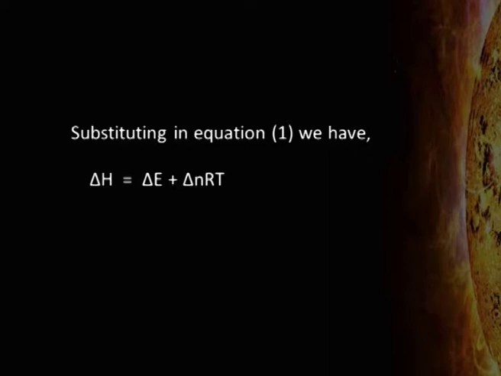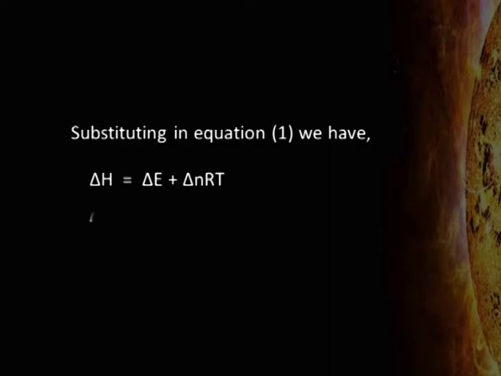By the ideal gas equation, we can have P V1 equal to N1 RT and P V2 equal to N2 RT. As delta H is equal to delta E plus P delta V, it will come out to be delta E plus delta N into RT.